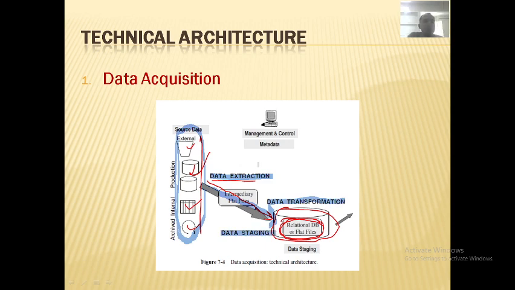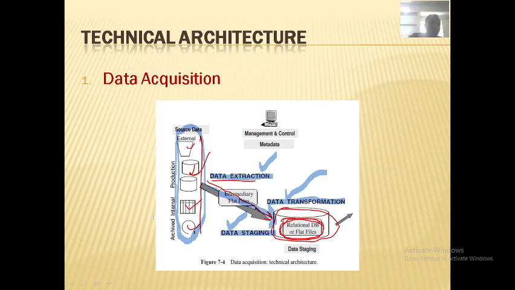So we're going to see what are the services and functions carried out in the data extraction, what are the services and functions carried out at the data transformation, and what are the services and functions carried out at this data staging.